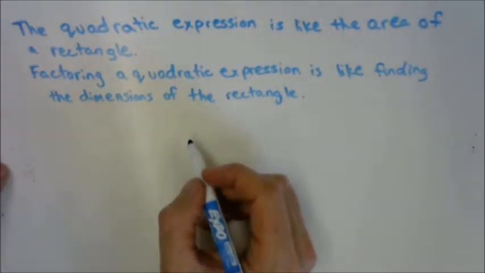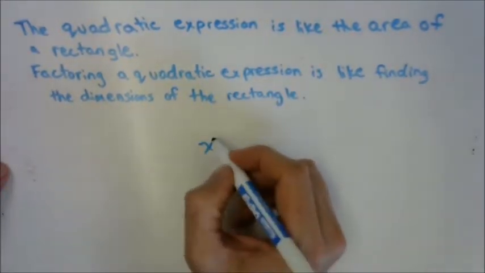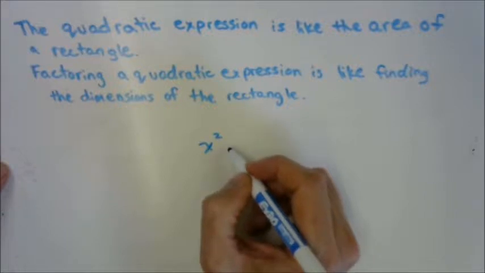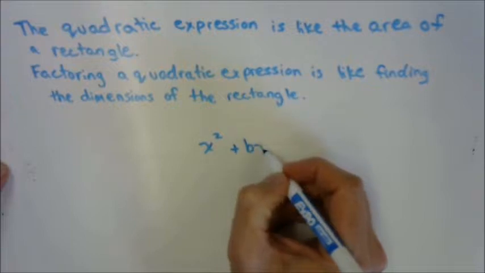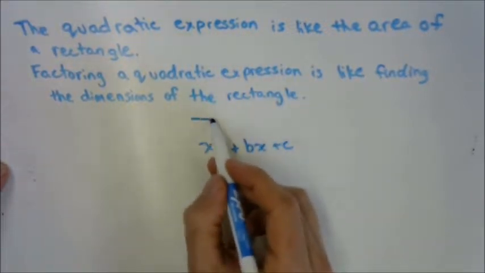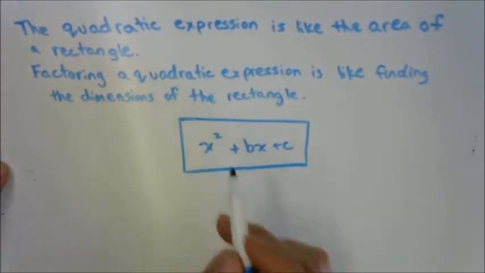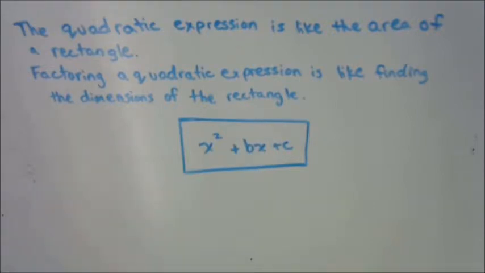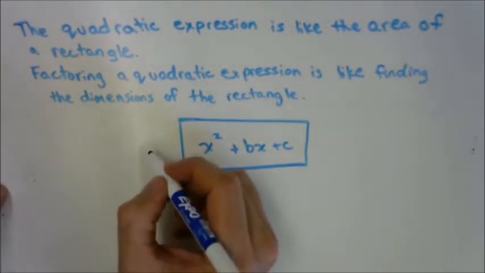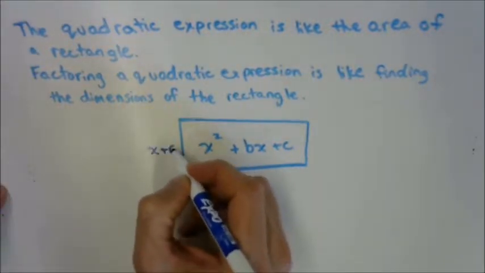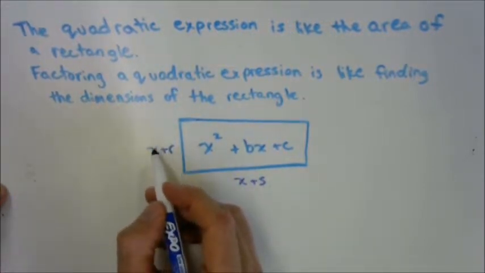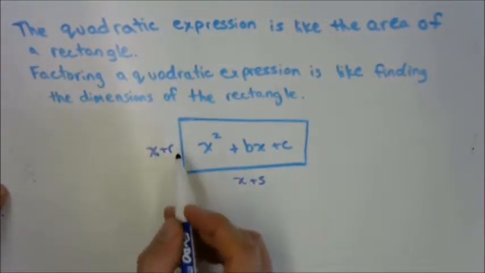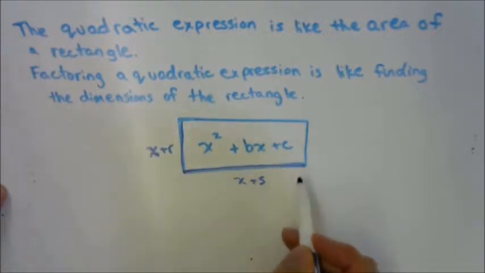Okay, so we have any old rectangle and any old quadratic expression. Let's just take the general case, x squared plus bx plus c, and put them in a rectangle. Then factoring that quadratic expression is like finding the dimensions of the rectangle, where each binomial that gets factored, or each piece that gets factored out, is like either the length or the width of the rectangle.